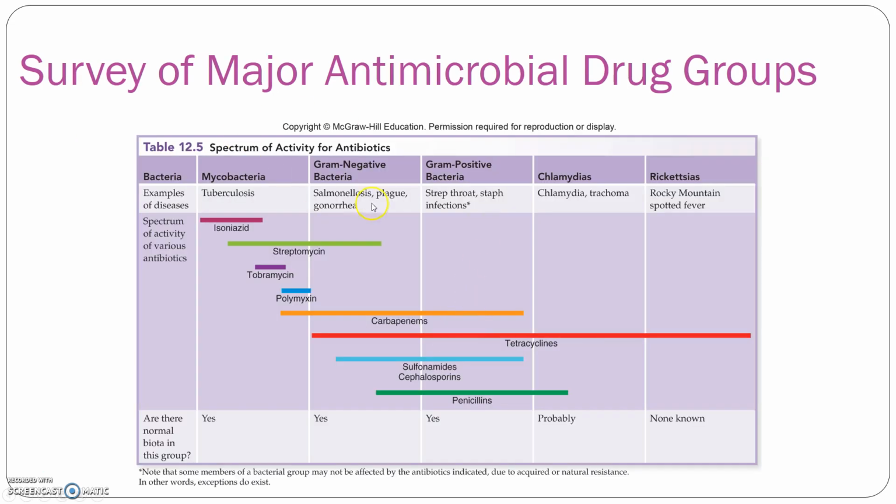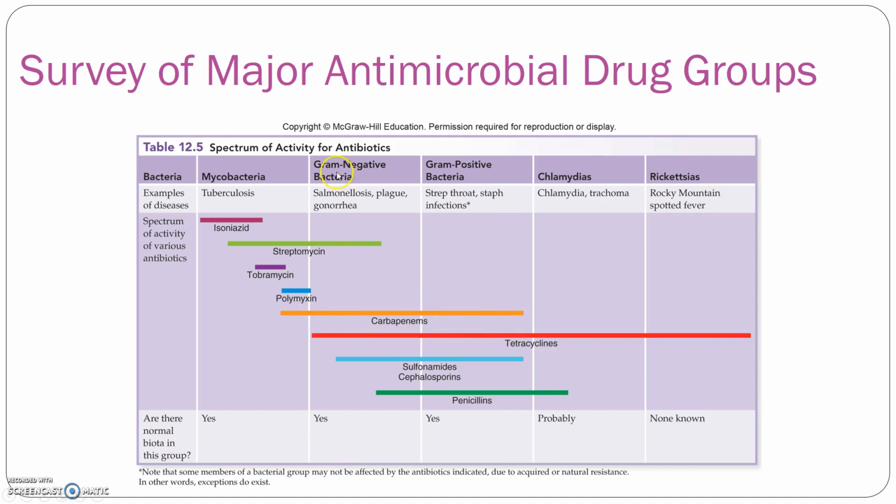Okay, so this is a good table that talks about the spectrum of activity for the different antibiotics. So here you can see tetracycline that we just talked about and how broad it is. I would say probably the carbapenems is going to be your second broad class.